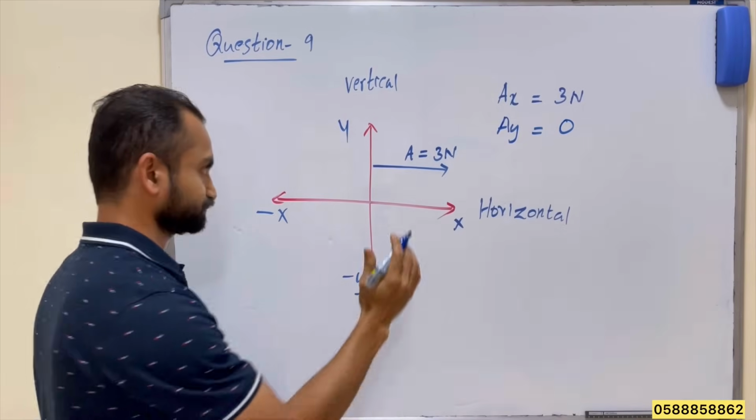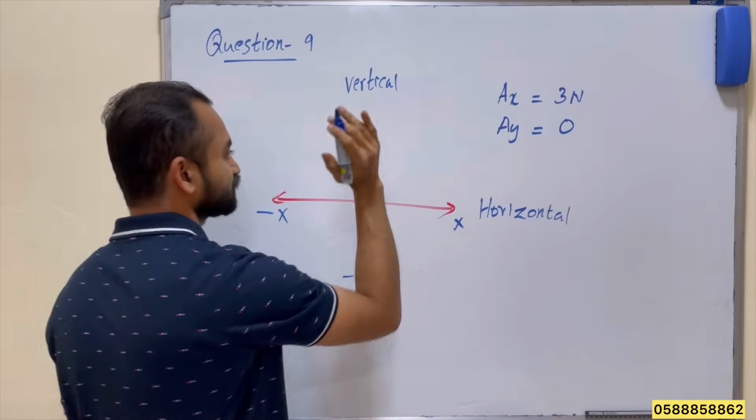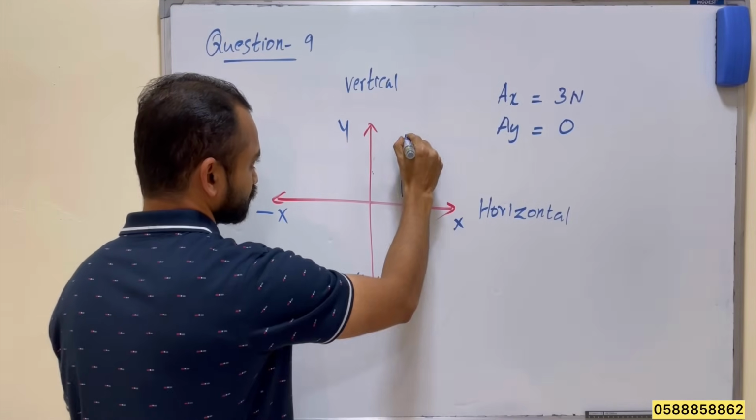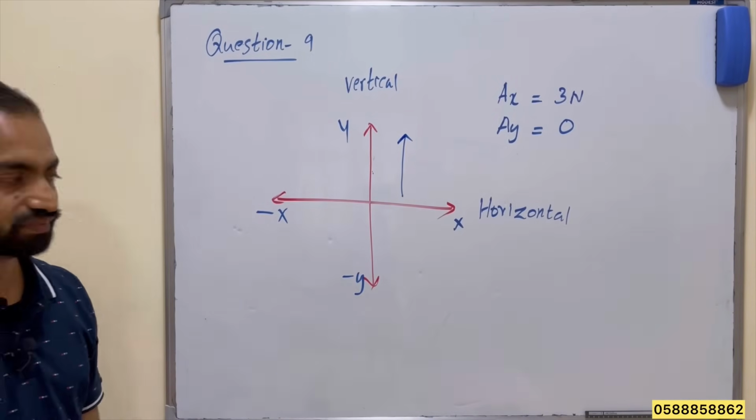Number 1. Number 2. There is a vector along this direction, for example, another force of 6 Newton.